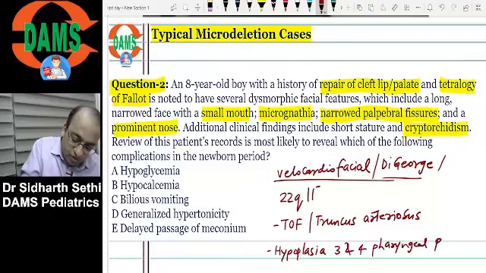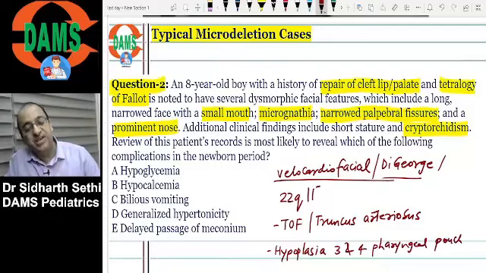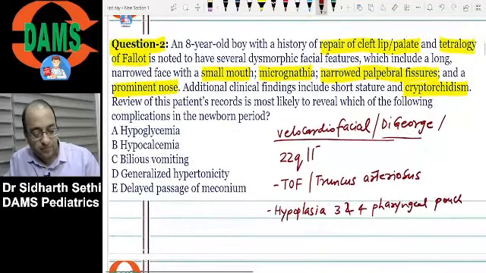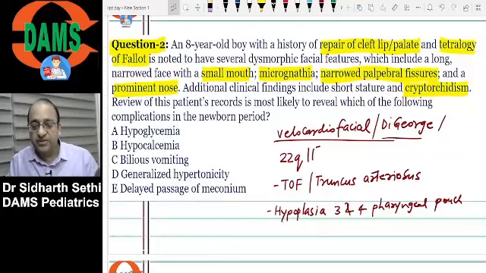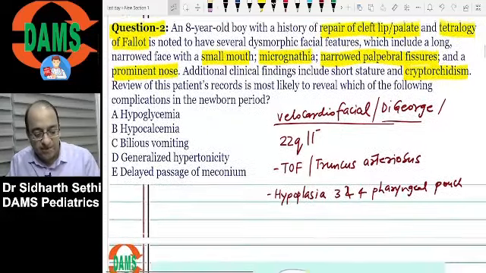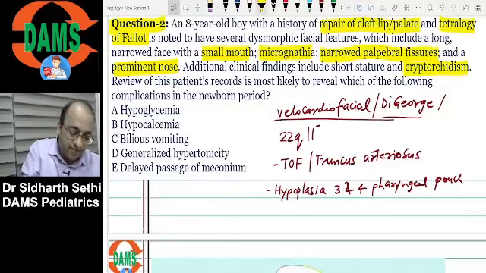And now you see the beauty of integration, guys. Now I am teaching you a bit of anatomy and embryology as well, because as pediatricians and for your exam, you should be aware about these simple things. Hypoplasia of the third and fourth pharyngeal pouch. So what comes from the third and fourth pharyngeal pouch?